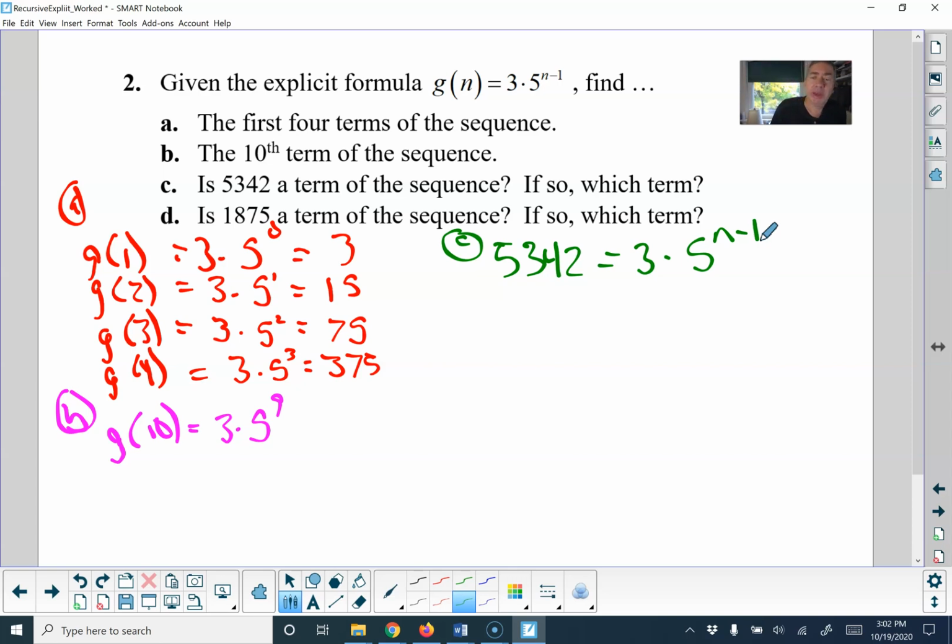Divide by 3, and I get a whole big crazy thing, 1,780.666 equals 5 to the n minus 1 power. Is any power of 5 going to be equal to 1,780.666? I think not. Not a term in the sequence.